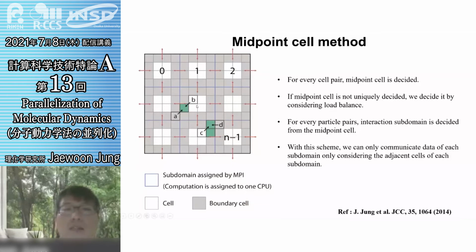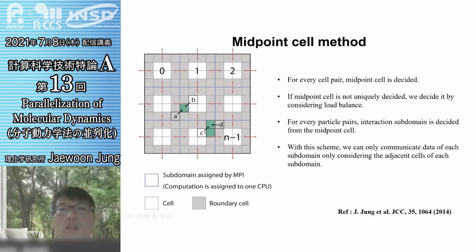In some cases, the midpoint cell is not uniquely defined, like this one. For particles C and D, the midpoint can be either this one or this one. We decide the midpoint cell by considering the number of particles in this one and this one.